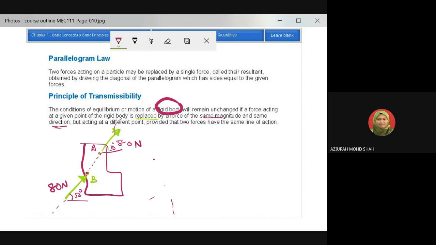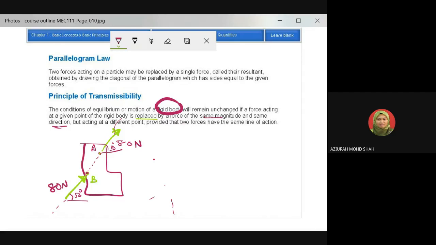When you change the position of point of application, saya boleh tukar ayat saya. So saya cuba buat ayat saya sendiri. Saya kata principle of transmissibility, the equilibrium remain unchanged if we change the point of application to another location provided with the same line of action, same magnitude, same direction, we call it a principle of transmissibility.